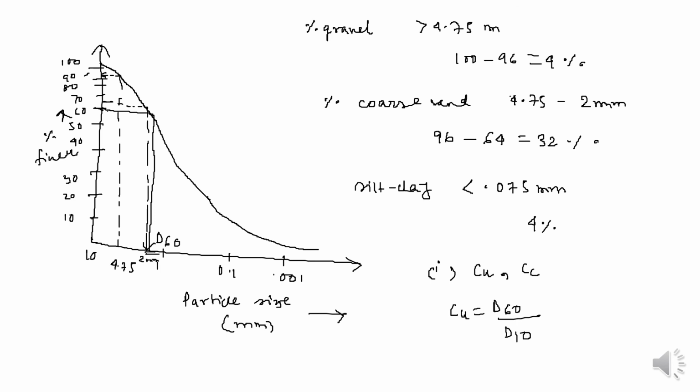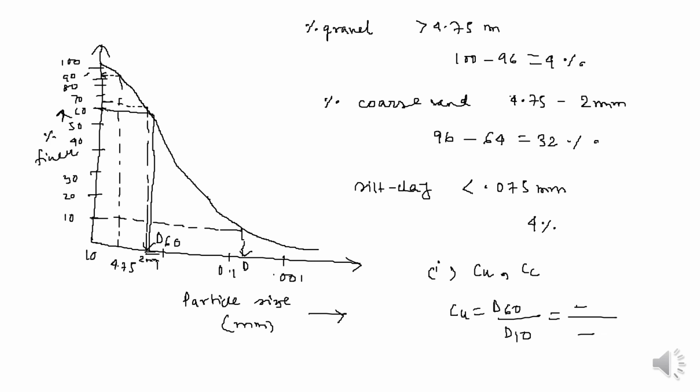Because I have drawn it on a very approximate scale, I am not sure what the value might come to on the x-axis. So corresponding to D60 we will write it here, divided by D10, which refers to the particle size corresponding to 10% finer. Similarly we take the corresponding x-axis value to get the particle size, which we refer to as D10, and we will write it.